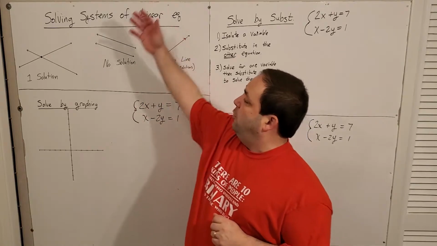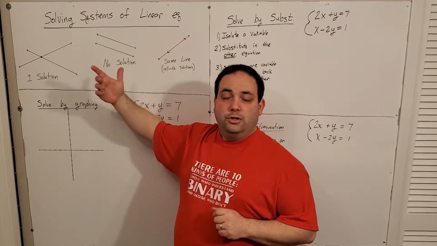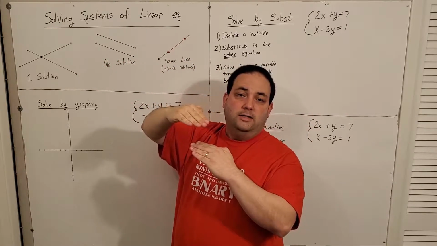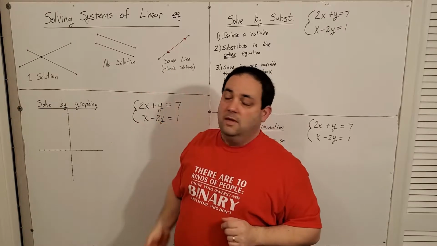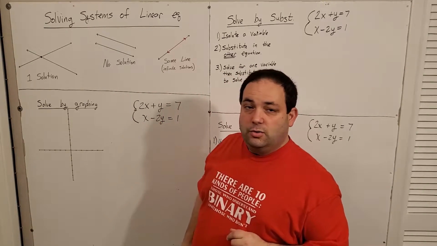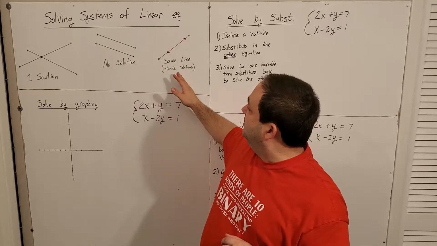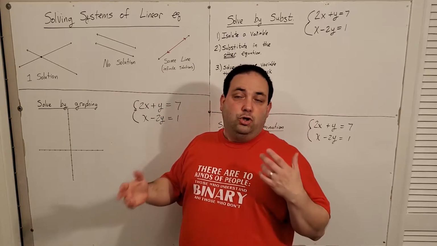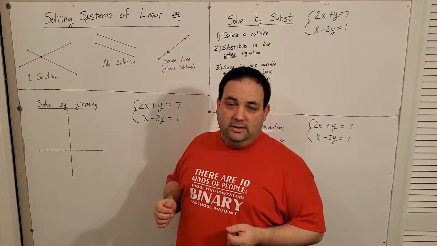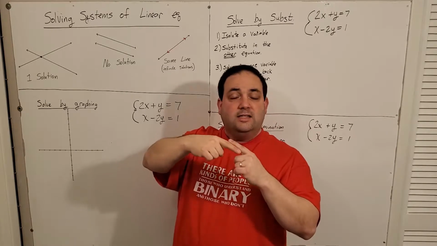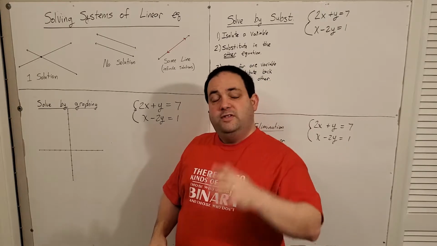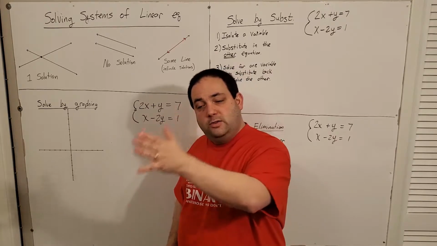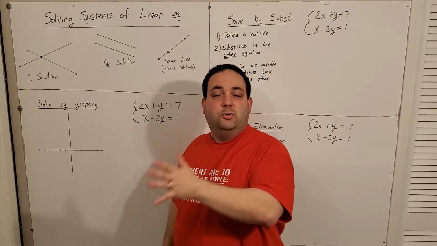Okay, of course there's a possibility of no solution, because we can have parallel lines that never intersect. And then also a special case along with the no solution is that you may have two different equations that look completely different, but they might represent the same line, right? And we've seen that sort of thing happen, you remember, because we can convert equations between different formats.